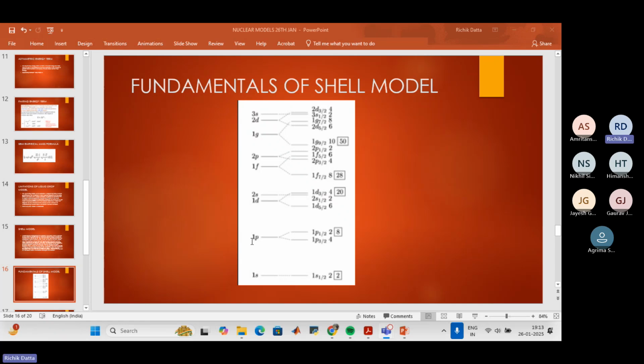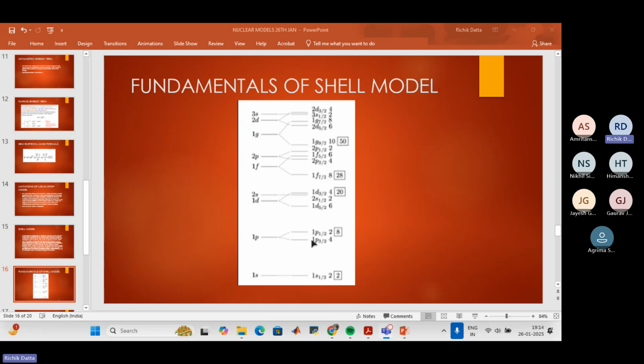If we go to the 1p state, it will be split into two levels. How? Let's check. For the p state, that is L equal to 1, and s will be the same here.